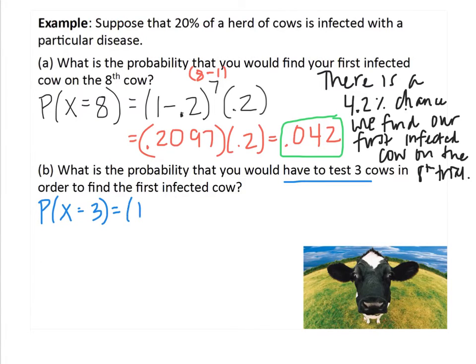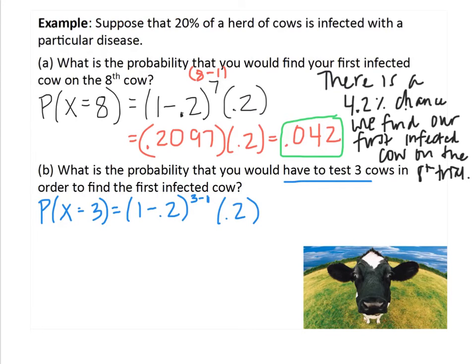Well, that means the first 2 are not infected, or raised to the 3 minus 1, but then I find my infected cow on the 3rd cow. Before you type this into your calculator, I want you to just think about, is this going to be a higher probability or a lower probability than part A? Just think about that for a minute.